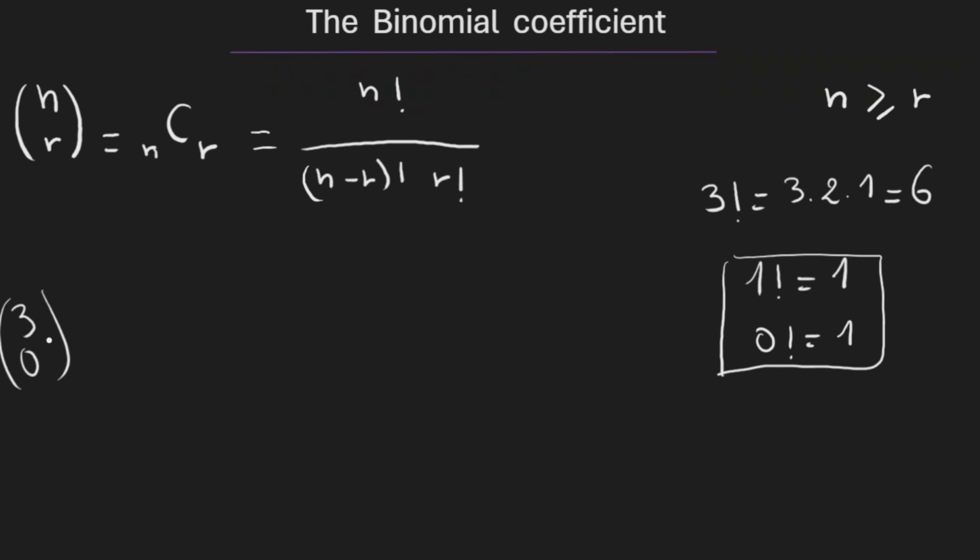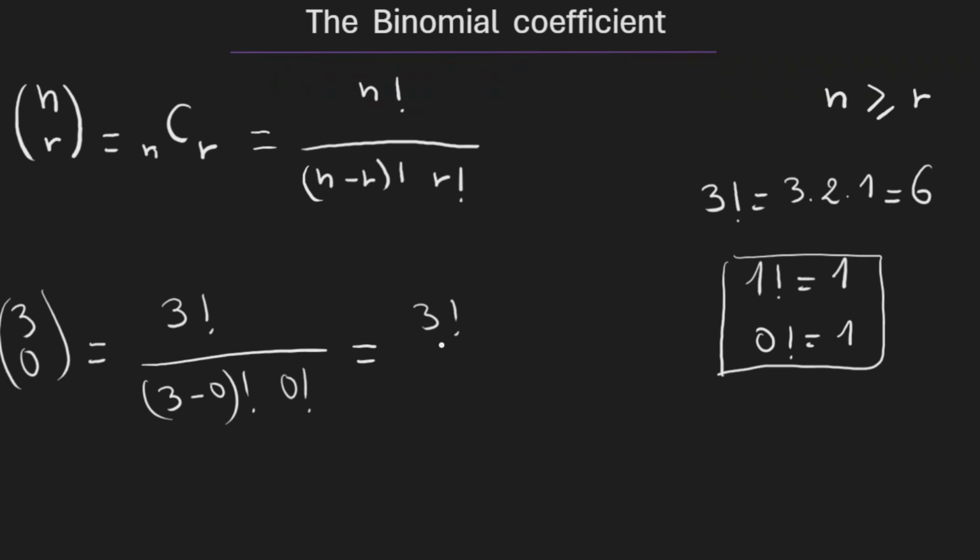You notice that r is equal to 0. So this binomial coefficient is equal to 3 factorial over 3 minus 0 factorial times 0 factorial.